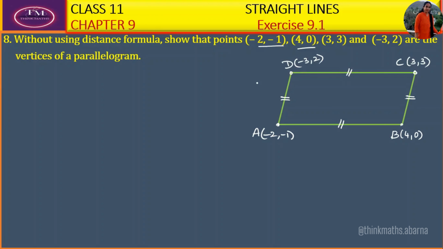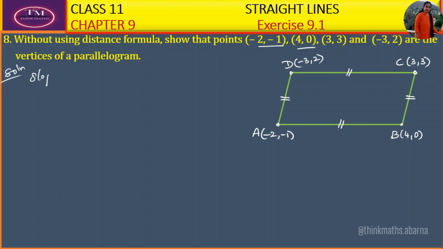Okay, so we have named the points. Now we have to show these are the vertices of a parallelogram. To show that, we have to show slope of AB is equal to slope of CD, then AB and CD will be parallel. Then we have to show slope of AD equals slope of BC, then AD and BC are parallel. Let me start the solution.